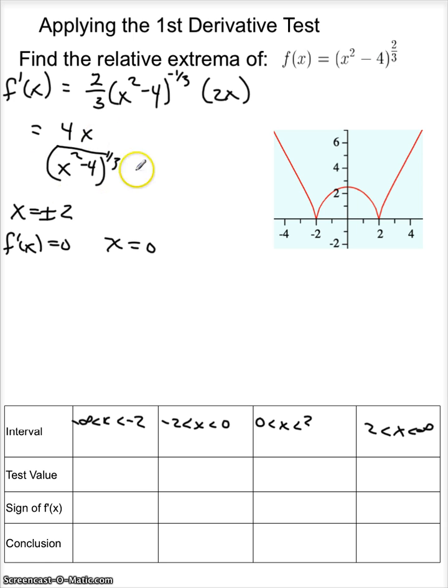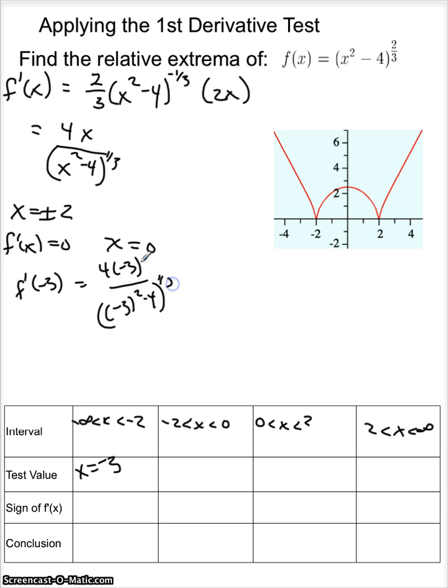And remember, we're plugging things into f prime. Sorry, I lost my pen here. Let's try a value of x equals negative 3. Now, what does f prime look like at negative 3? I'm just going to show you one because I didn't do it on the last one. Let's see, it's 4 times negative 3 divided by negative 3 squared minus 4 to the 1/3.